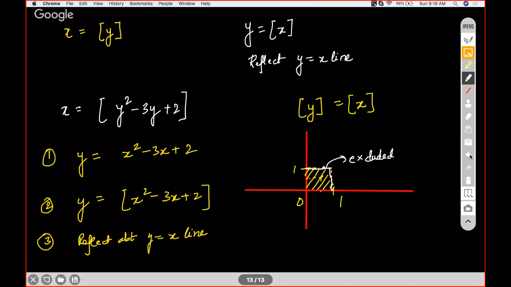Can I say the same thing would be true even if I make a box like this? Excluding the edges of the box itself, if I take any point like this, let's say this point is 1.7 comma 1.6, can I say GIF of x and GIF of y would also be equal?